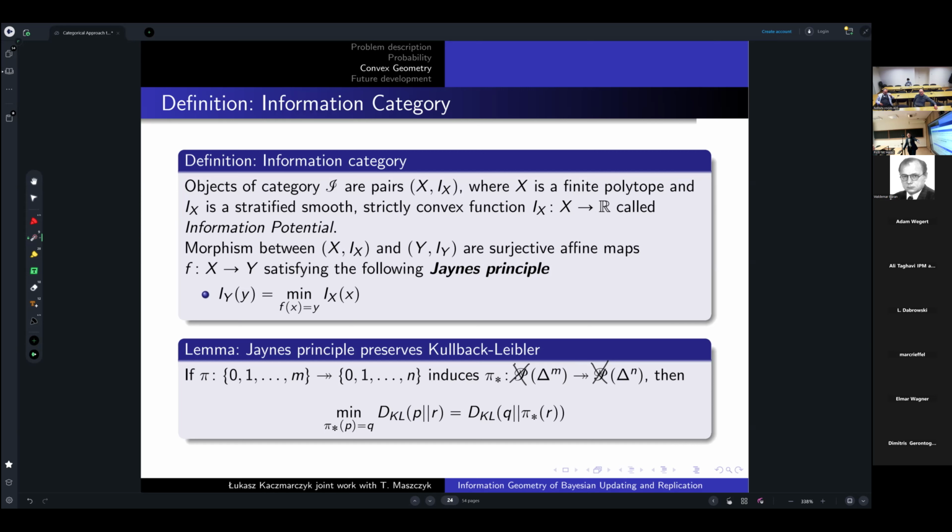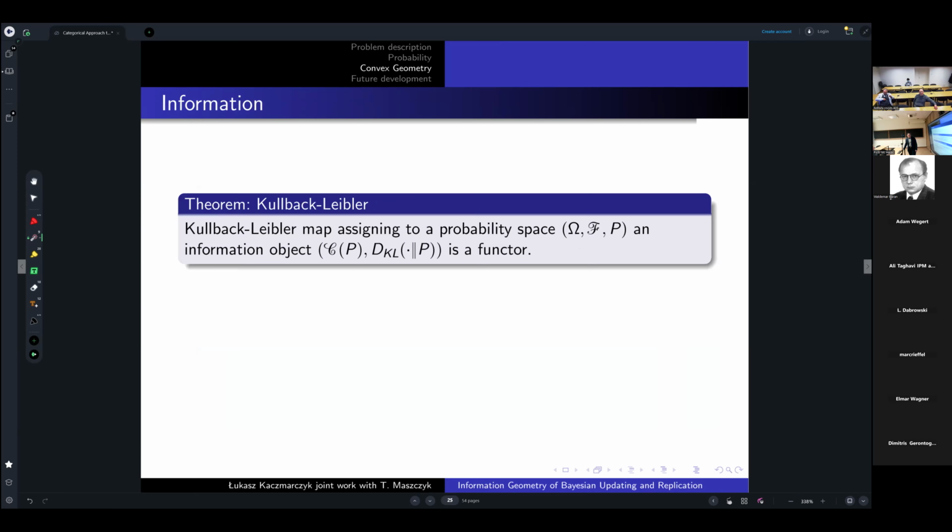So this Kullback-Leibler thing minus the Shannon negentropy is just an affine function, and it has quite a few positives.